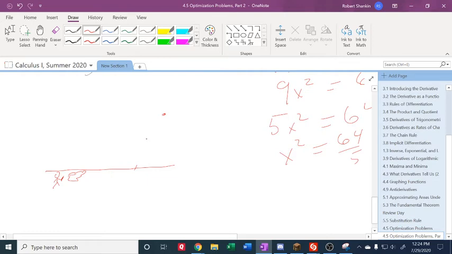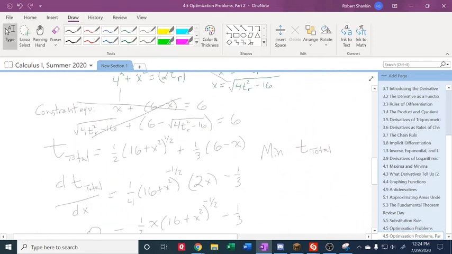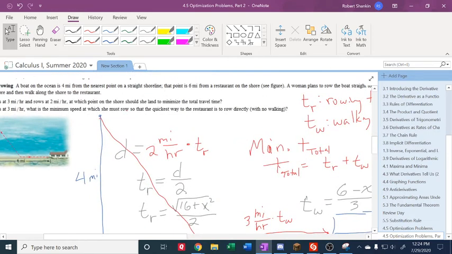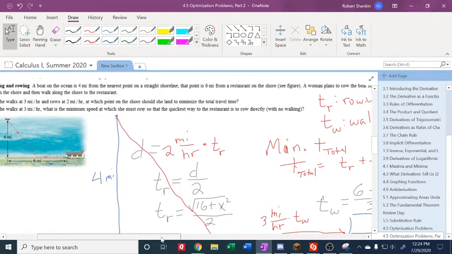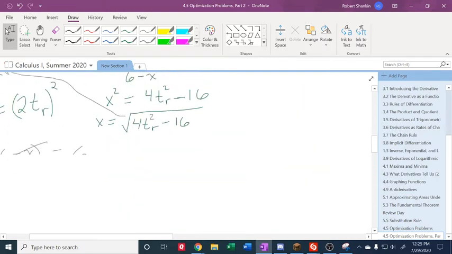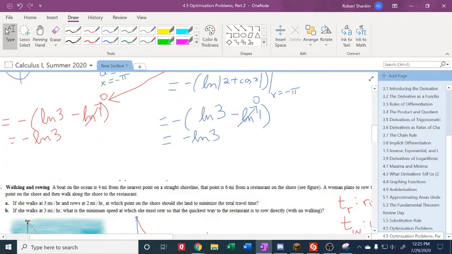Alright, now, part B, we have to look at this problem, and we might set it up rather similarly. She walks 3 miles an hour; at minimum speed, she must row, so that the quickest way is to row directly.